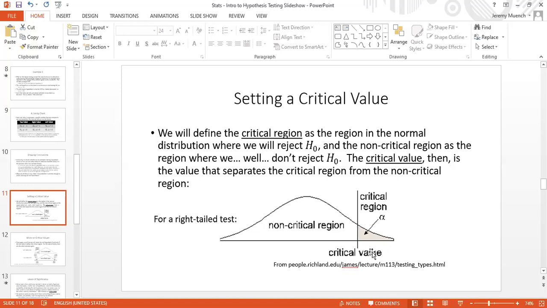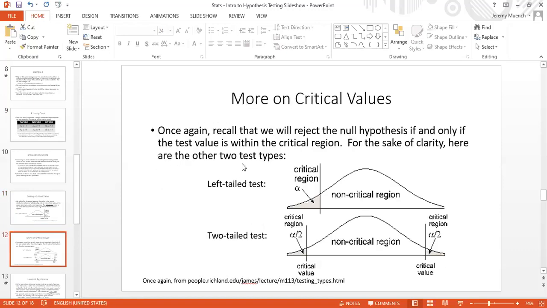So the idea is we're going to define a region that says, hey, this is too extreme, so the starting assumption seems wrong. This is a left-tailed test, where the only thing I'm paying attention to is whether or not my values are too low.